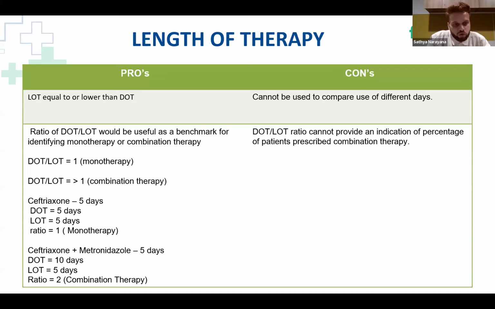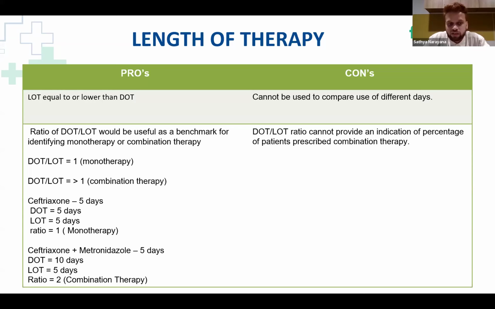It is called monotherapy. But when a patient is on dual therapy or combination therapy, such as ceftriaxone plus metronidazole, consider the patient is on ceftriaxone for 5 days and on metronidazole for 5 days. Here we will again be dealing with DOT, with each individual antibiotic and its duration.